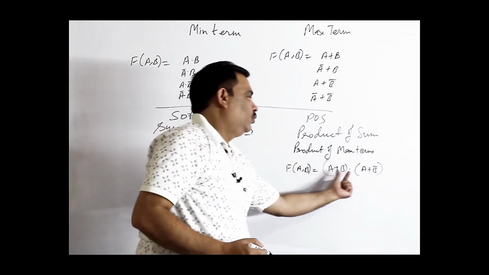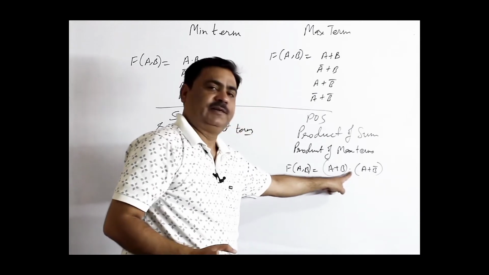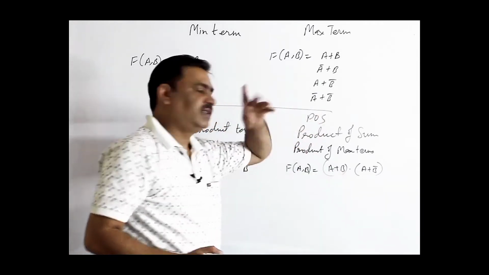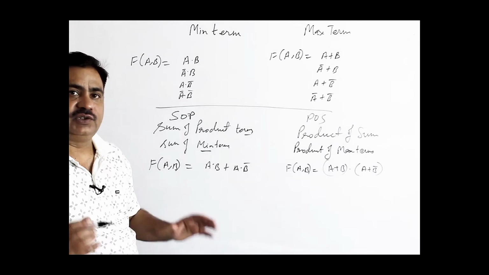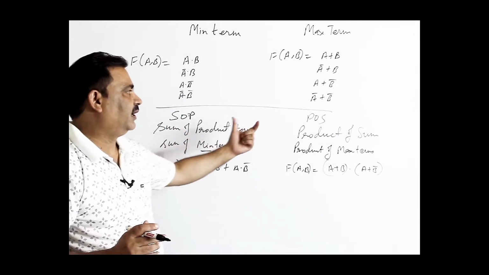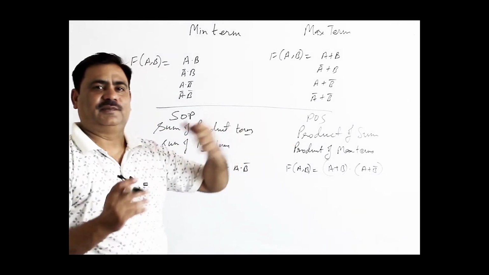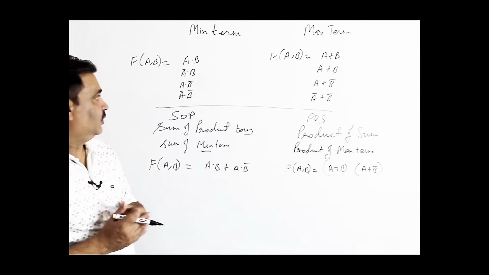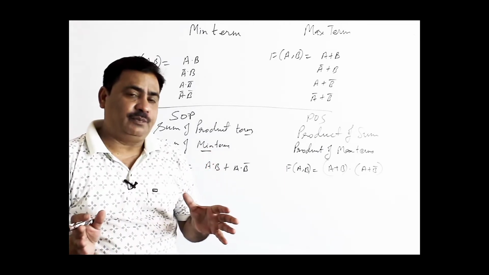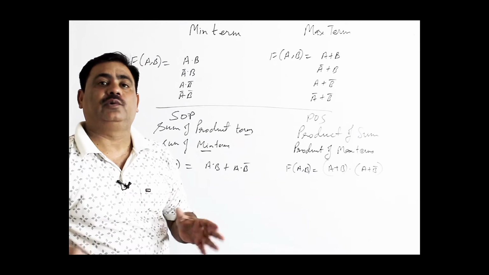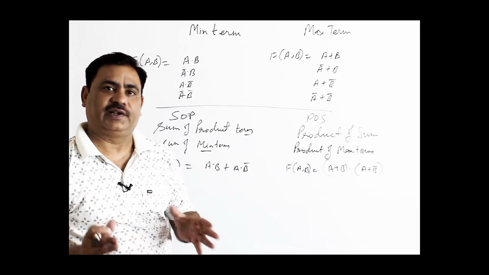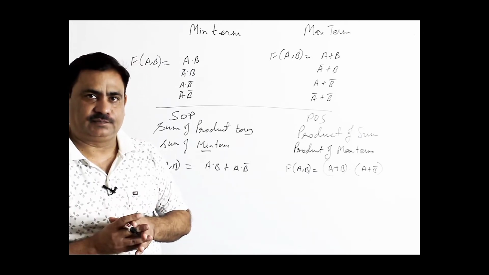So, there are two max terms, their product is called POS expression. So, this is about the sum of product form and product of sum form. So, we can convert any Boolean expression into SOP or POS form.